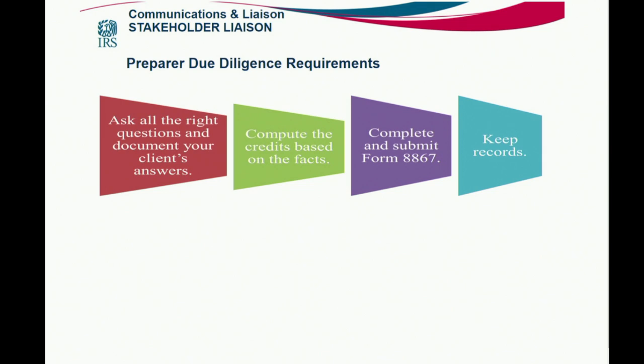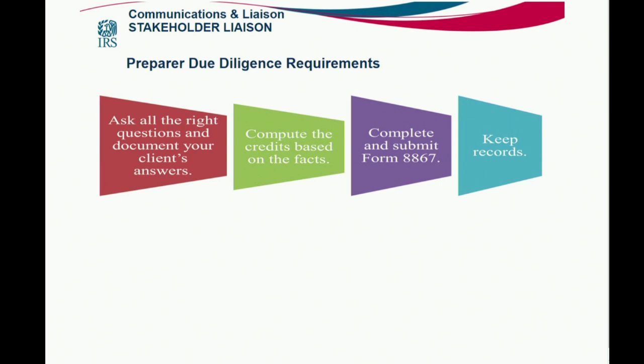Well, it's under Section 6695(g) of the Internal Revenue Code, which provides that paid preparers who fail to comply with the due diligence requirements as specified in the regs shall pay a penalty of $500 for each failure to properly determine a client's eligibility to file as head of household or eligibility for, or the amount of, the EITC, the CTC, which includes ACTC and ODC, or AOTC. So that's a total of 4 different tax benefits.